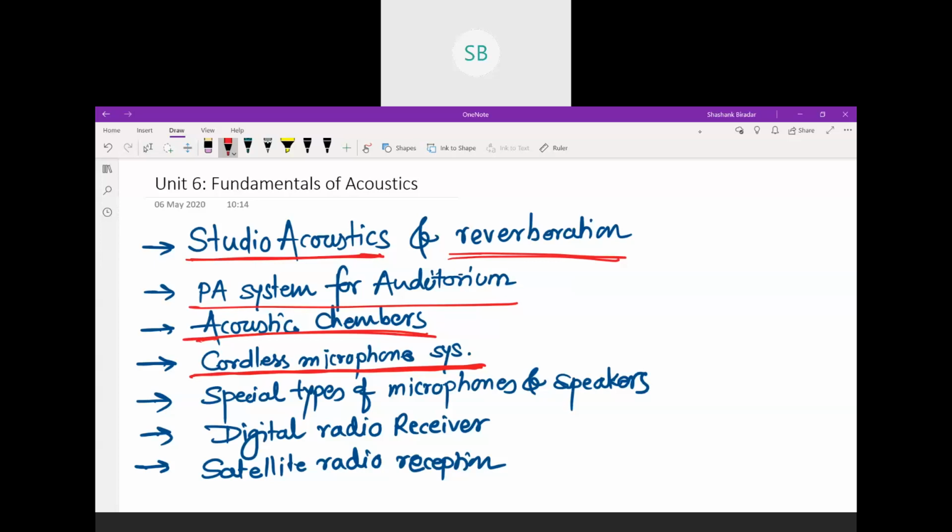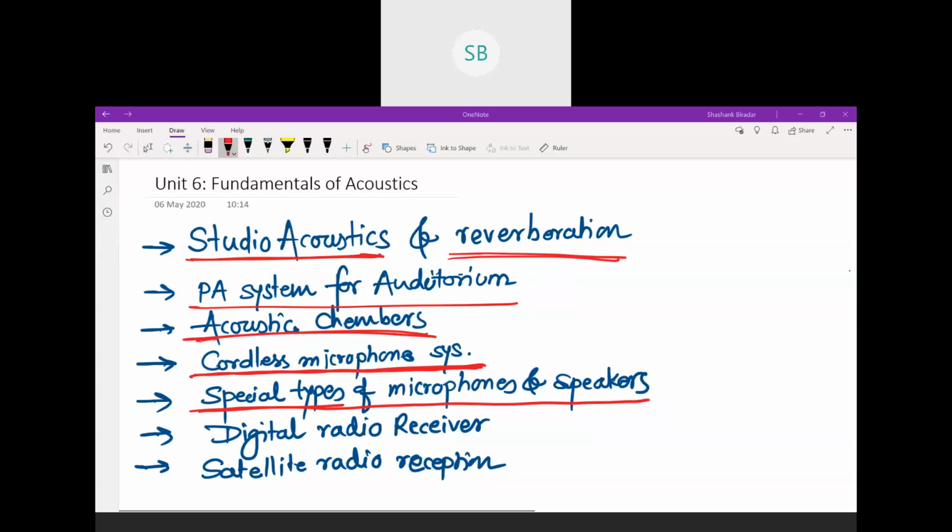The next point is special types of microphones and speakers. Here we are mainly emphasizing which type of microphone is used for what kind of purpose. In a similar context, what type of speaker is used for what kind of purpose, that one should take care of, because optimization is one of the important aspects.